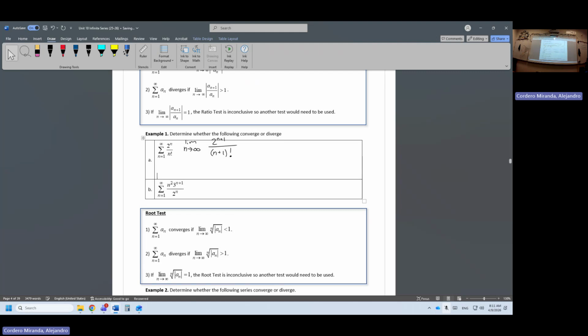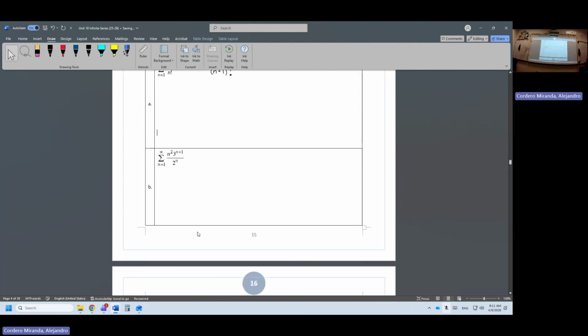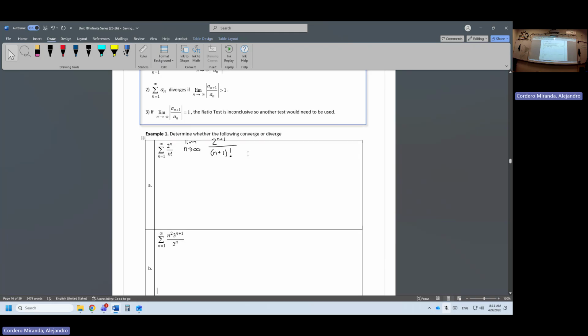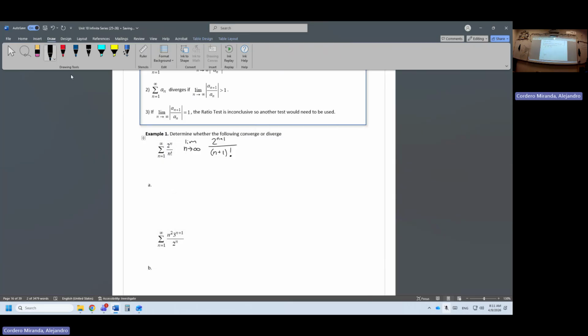I want to give myself room here. Okay. This over. Okay. That over the sum that I started with, n factorial, like that.